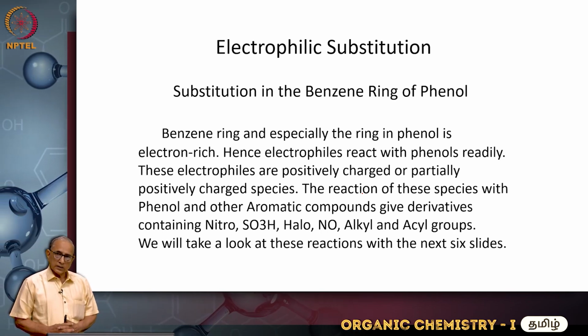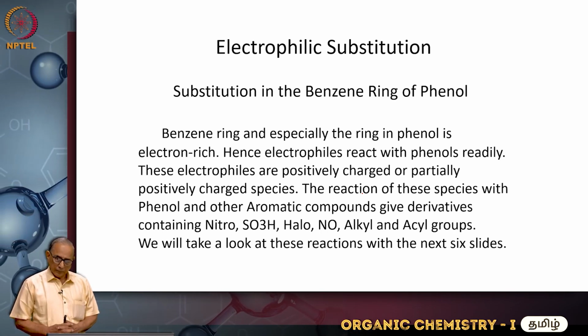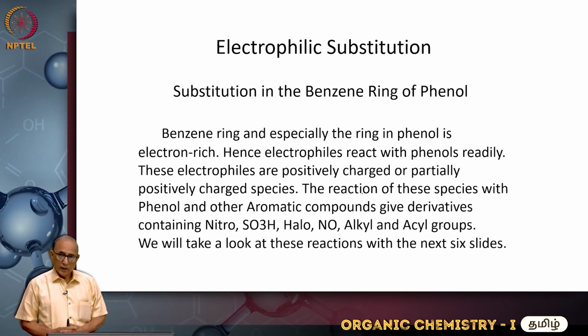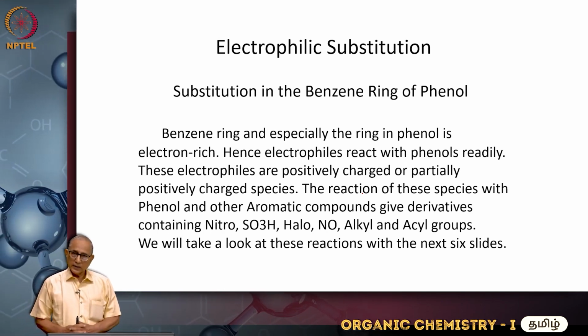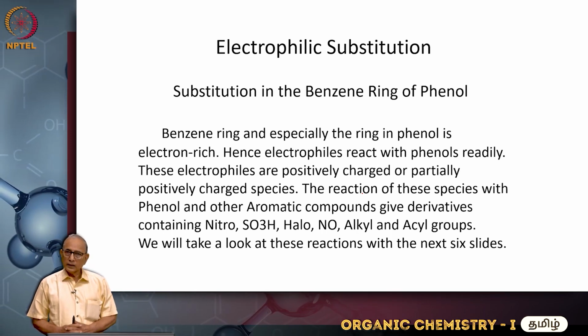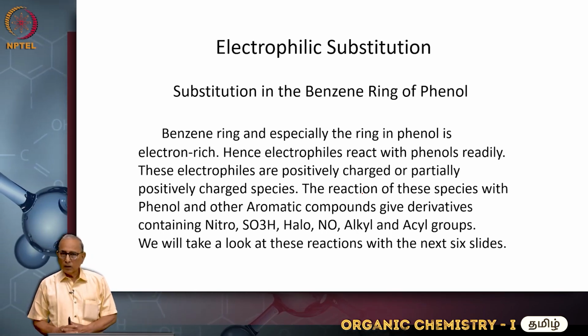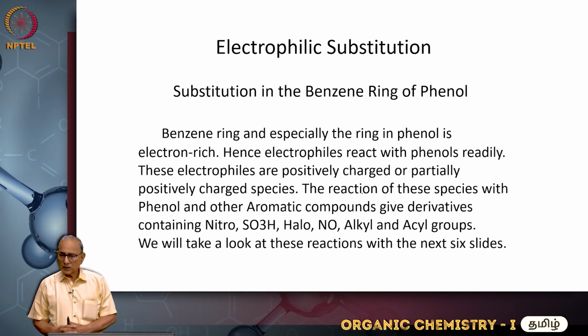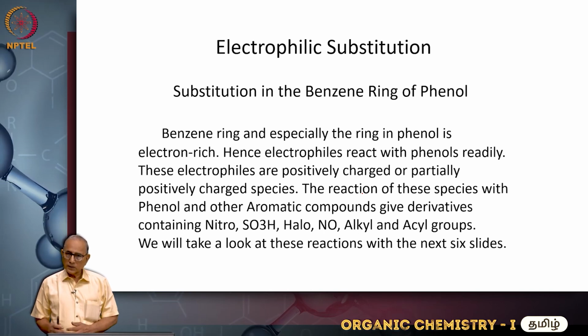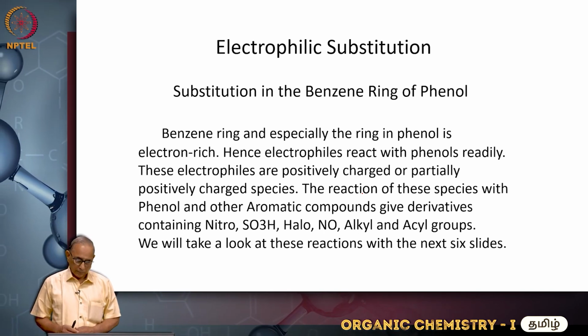The positively charged species attaches to one position on the benzene ring. When it gets attached, it will form a bond and the double bond there will go towards the next carbon atom. Actually, it produces the positive charge on the next carbon atom.